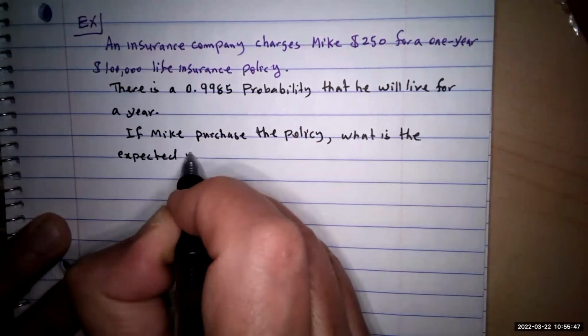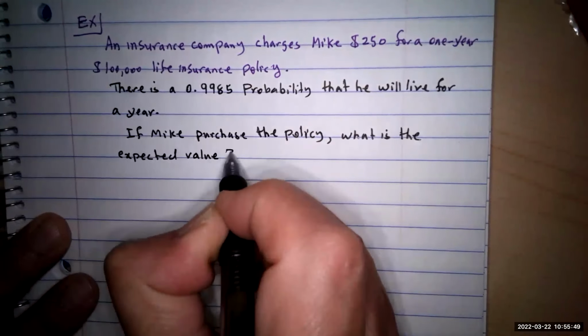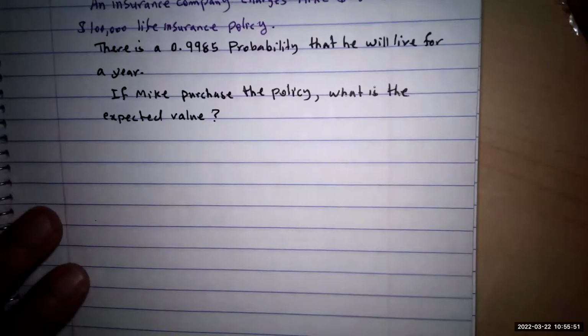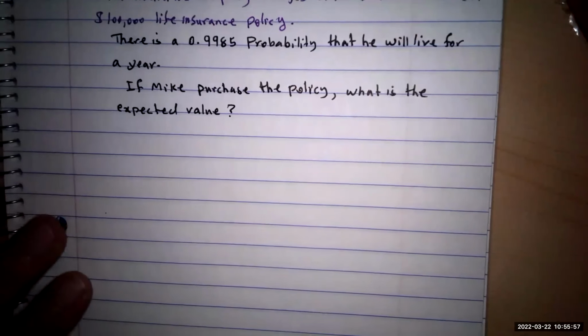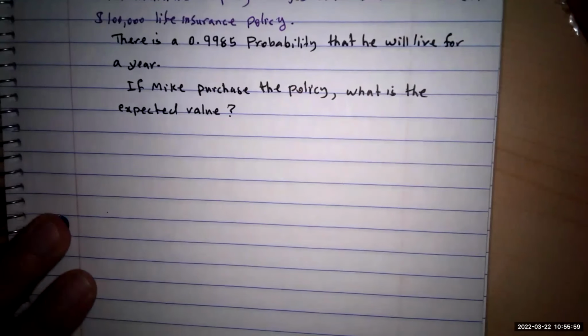What is going to be the expected value? You can have the expected value from my point of view or the company point of view. Both of them would be the same, but one of them would be negative, the other one positive. We go from my point of view.